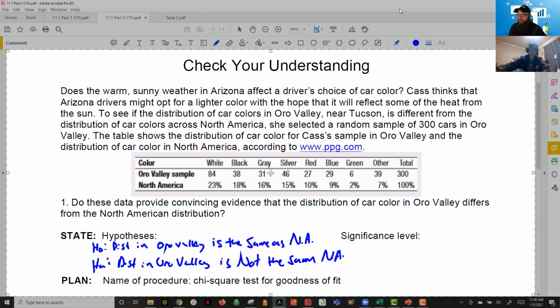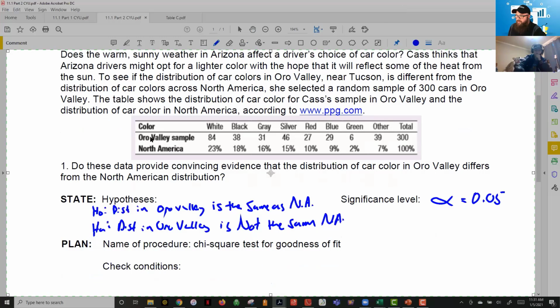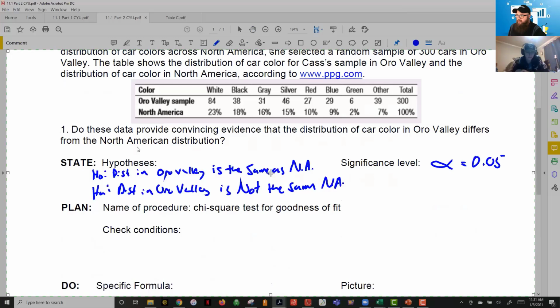Then another part we're going to put in here for the state is our significance level, which they didn't tell us, so we go with the understood value of alpha and say it's 0.05. So we've got our 5% significance level. In this problem, they already named the procedure to make sure you understand where we're going. It's called the chi-square test for goodness of fit.